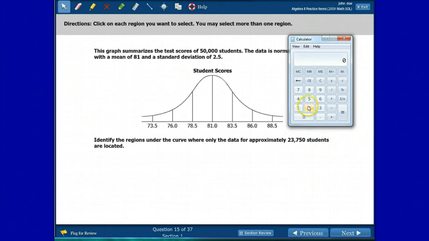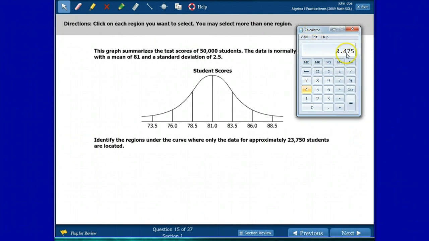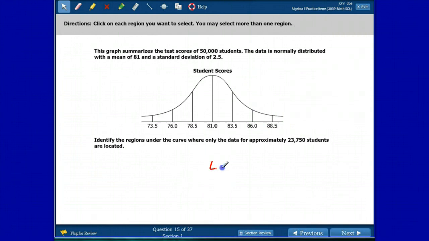You type in 23,750 divided by 50,000. That's about 47%. 47.5% is what you want.